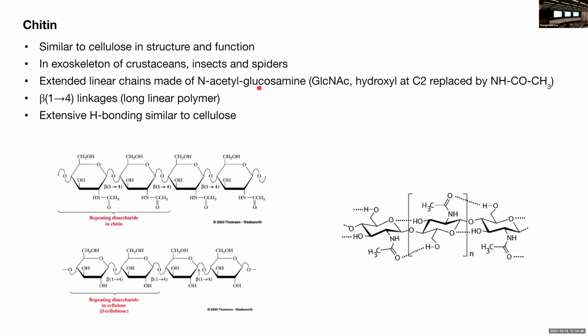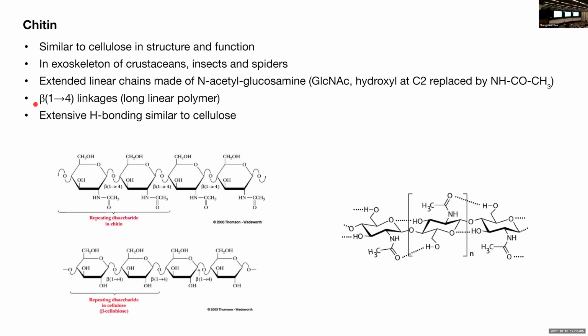It has an extended linear structure, again like cellulose or starch, but instead of glucose, it has N-acetylglucosamine, or GlcNAc. Gluc is from glucosamine, and NAc is from N-acetyl. It's a kind of weird name, but it's widely used.